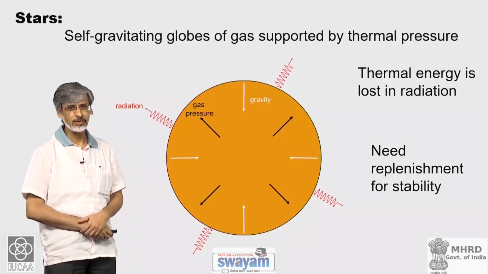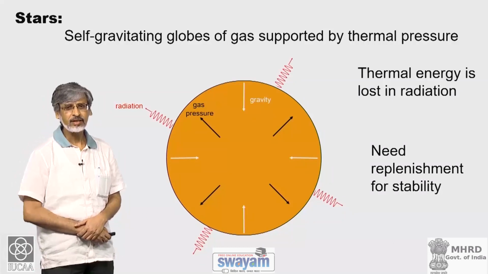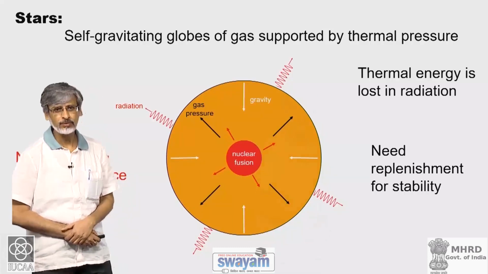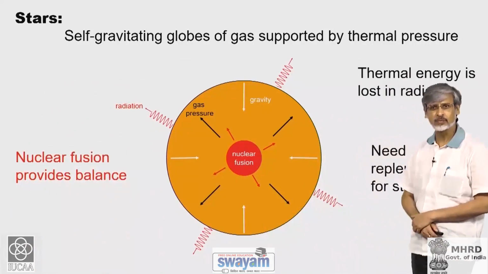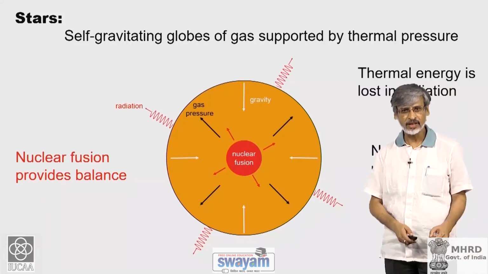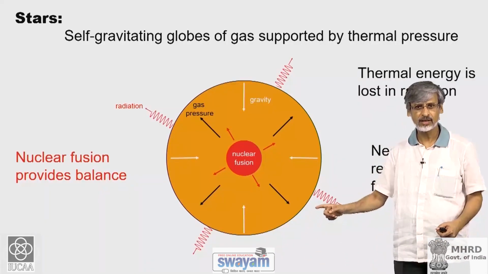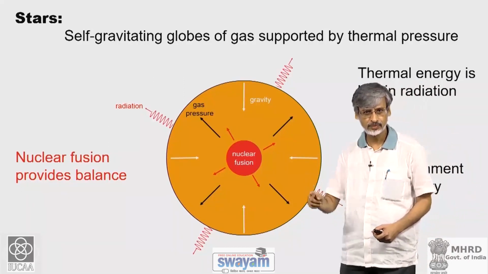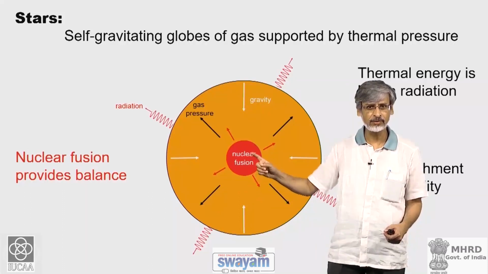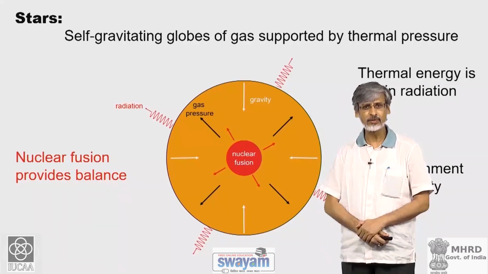This replenishment comes for the stars that we see. Our closest star is the sun, for example. The star replenishes the loss of energy from its surface by generating energy in the interior in the form of nuclear fusion. So, it is the nuclear fusion that provides the balance between the radiation being lost from the surface, which is what you see here, and the energy being generated in the interior, in the central part of the star, which is carrying out the nuclear fusion.